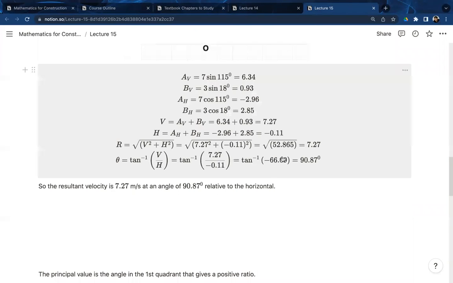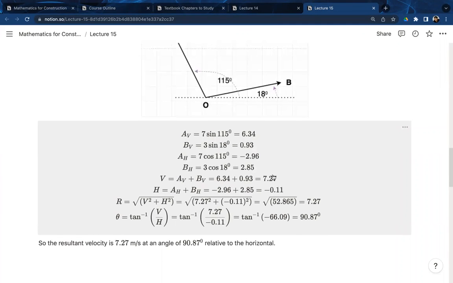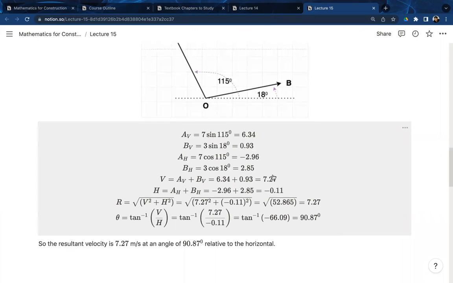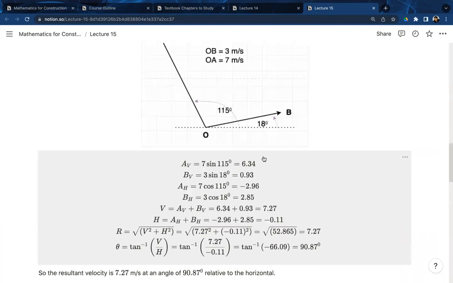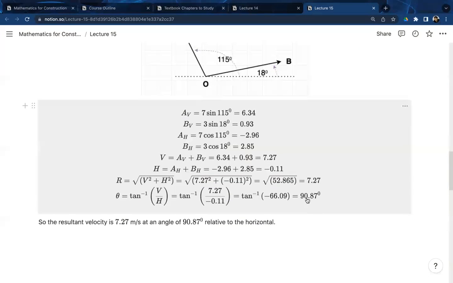Tangent is negative in the second and the fourth quadrant. We can't use a fourth quadrant angle, so we had to use a second quadrant angle. A fourth quadrant angle is a big angle. Look at the diagram here, a fourth quadrant angle doesn't make sense. A second quadrant angle is what makes sense. And that's why we get this answer, 90.87.